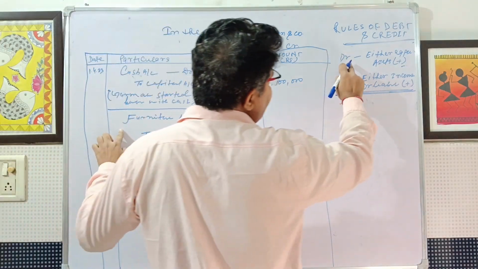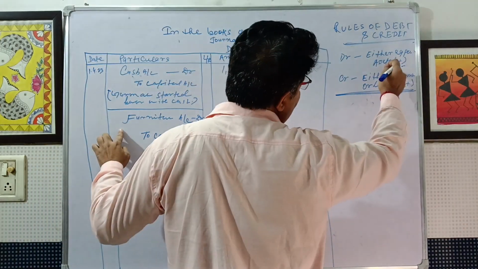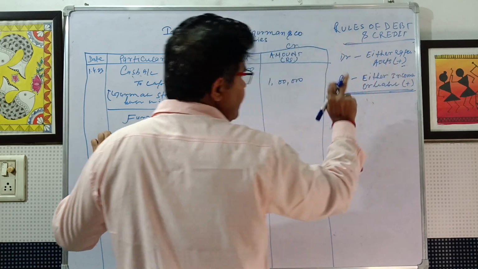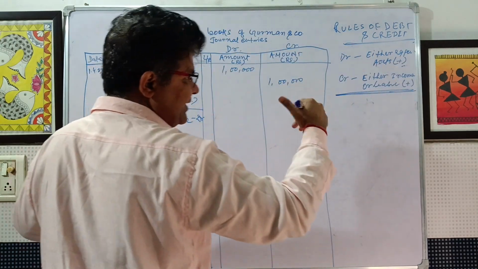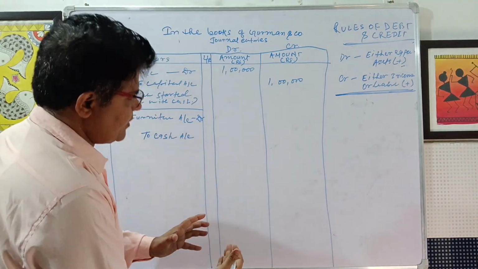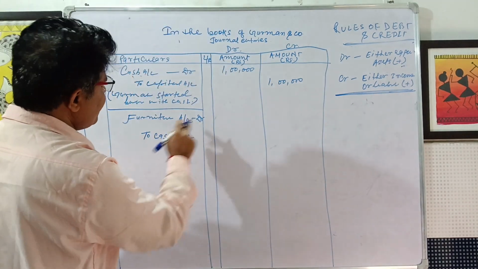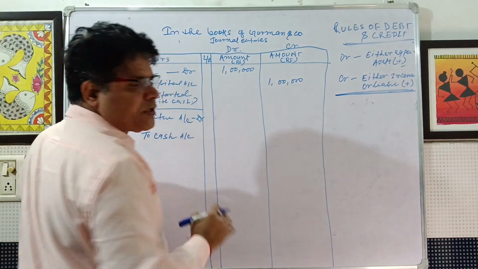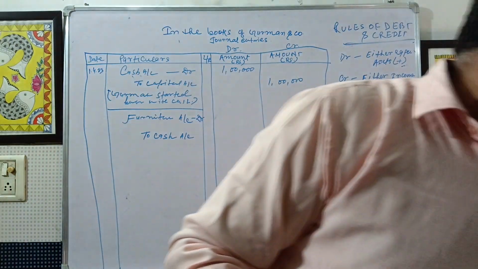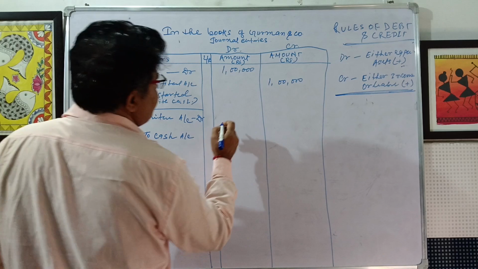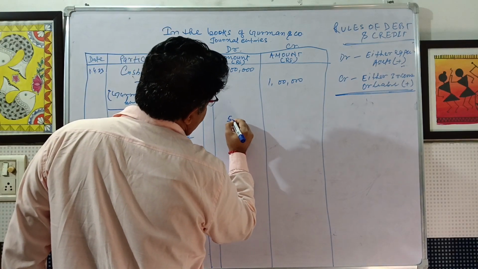So assets increase is debit, and if they decrease, it is vice versa. Just remember that debit means either expenses or assets, and the condition only applies to the increase, plus. If it decreases, the reverse applies. Furniture account debit to cash account. How much? Suppose 5,000, 10,000, 20,000, 30,000, whatever. In this case 5,000 is given.